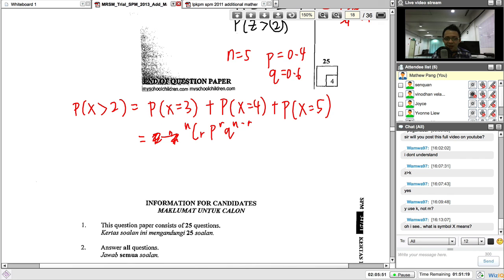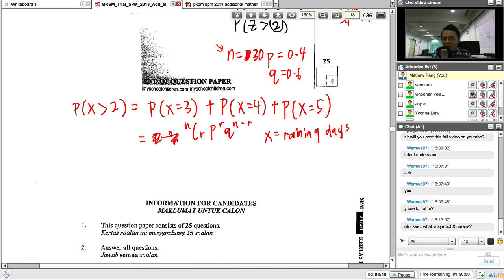So for example, n is the number of days in 1 month. Let's say n is 30. X is the event equal to raining day. So we want to find the probability that the raining days will be 3 days in 1 month.